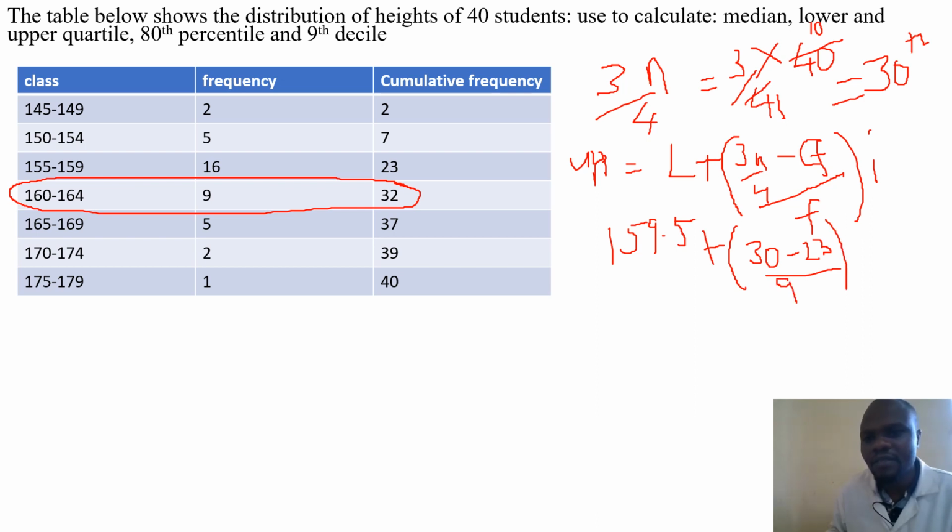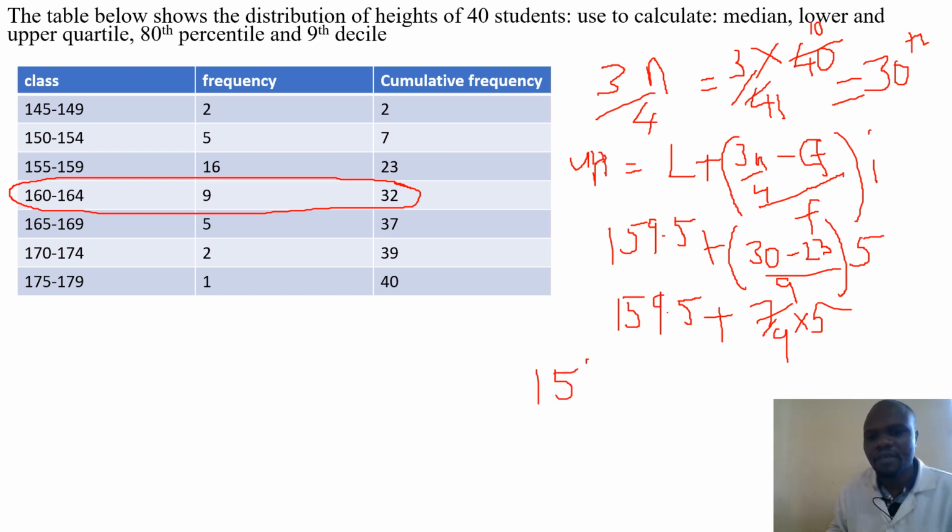Then all these I multiply by 5, which is my class interval. So in this case, I'm going to have 159.5 here, then plus 30 minus 23 becomes 7 out of 9, then this one multiplied by 5. And if I add this, I'm going to get 159.5.